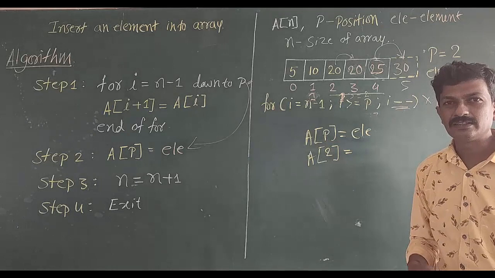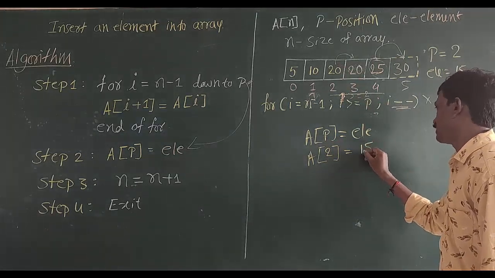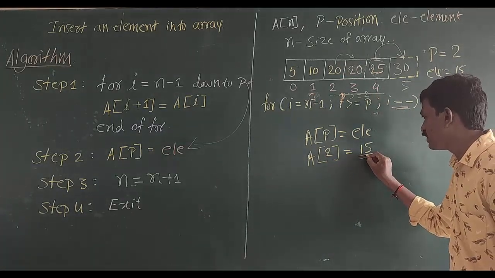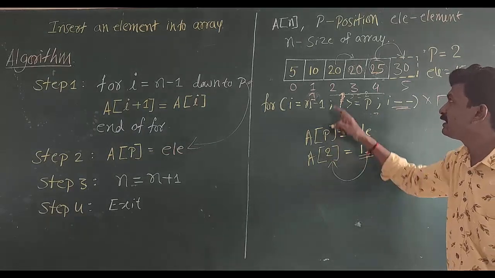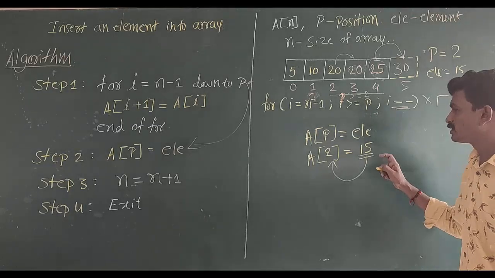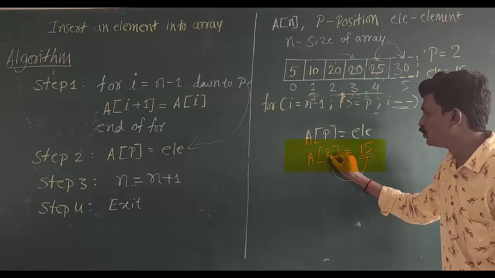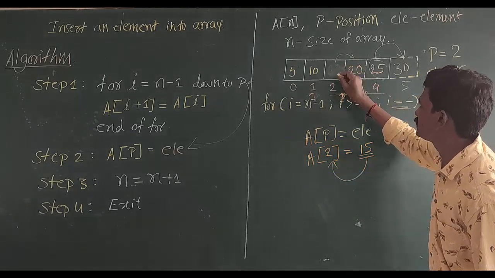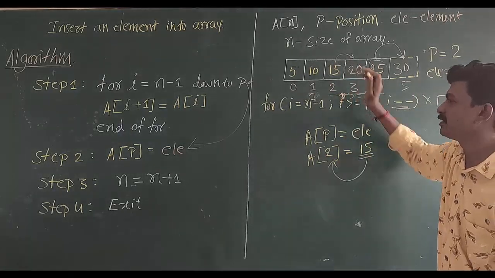The element is 15, the value which we want to insert at that position. This is simply a assignment operation, assigning value 15 to index 2 of the given array. Now the value at index 2 is overwritten and 15 is assigned.